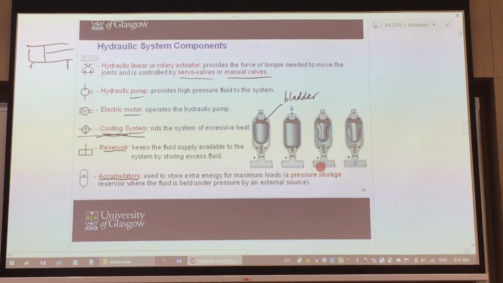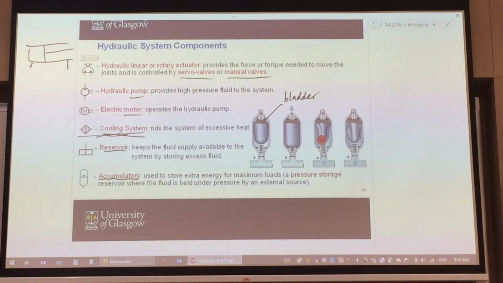Whenever the system experiences excessive pressure, larger than this bladder pressure, it's going to pop this valve and compress that bladder, because the system has pressure higher than the pressure inside the bladder. When that happens, it relieves the pressure in the hydraulic line.